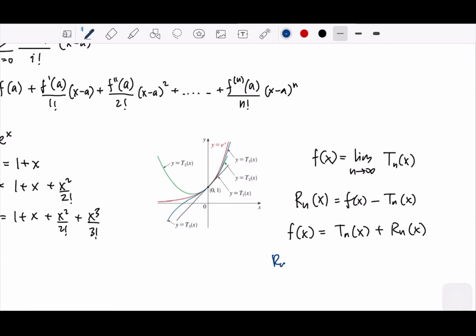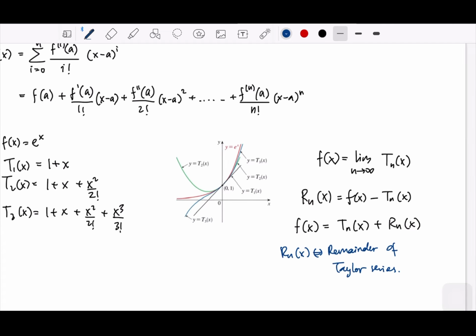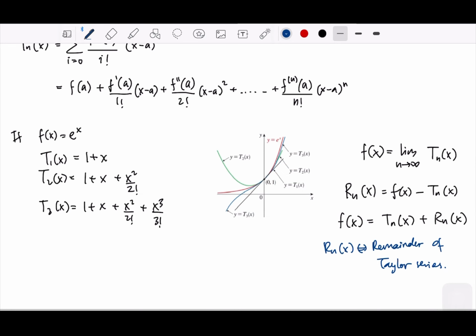The Rn is the remainder of the Taylor series. So by definition, this error, in terms of limit, should be 0. Okay.